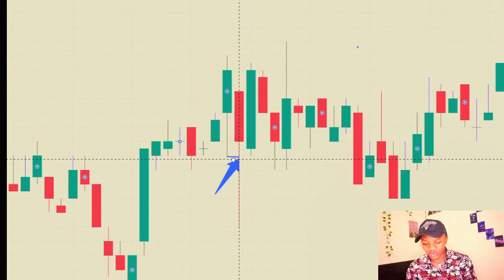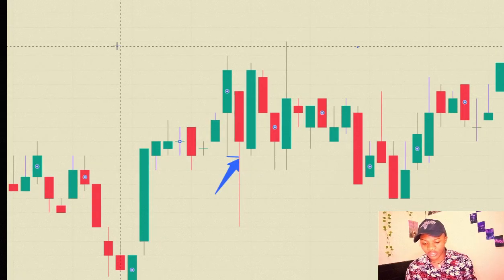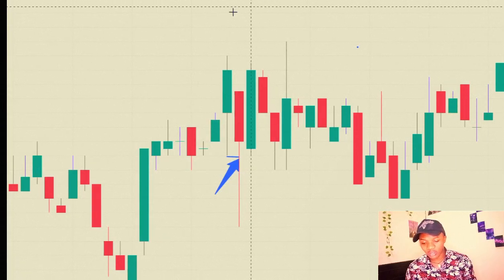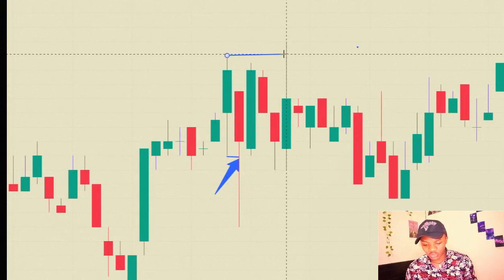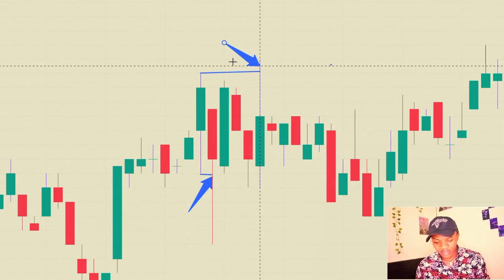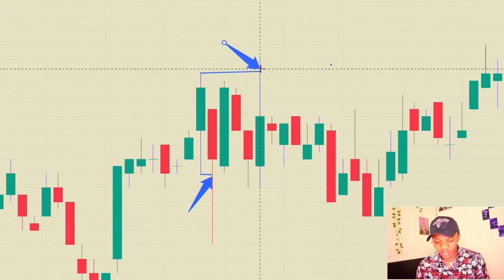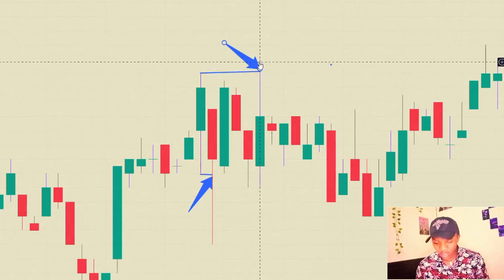And then the second criteria: make sure that the grand pair's top is also swept as well. The grand pair's top was swept by this bullish candlestick. You can clearly see, this is the candlestick which swept the grand pair's top. And then lastly, mark the last selling candle.